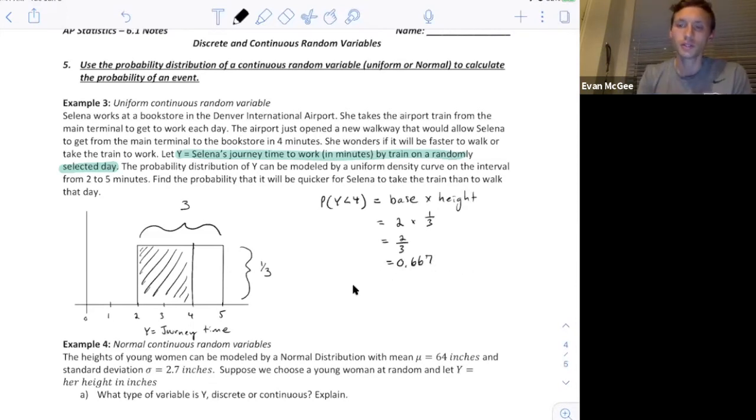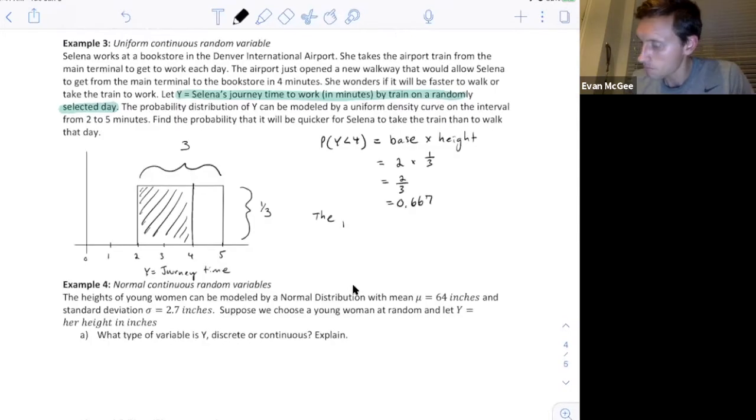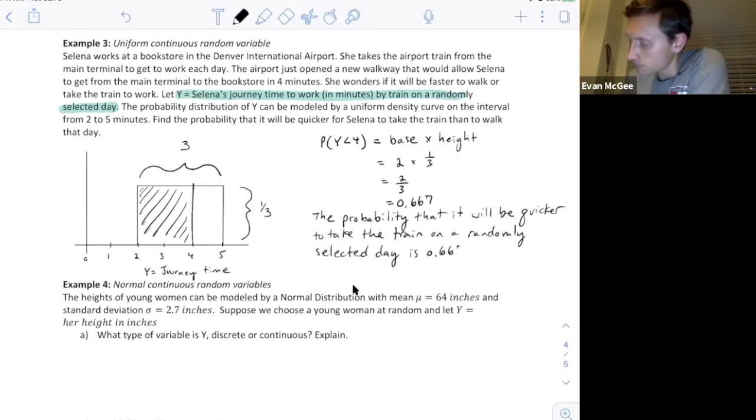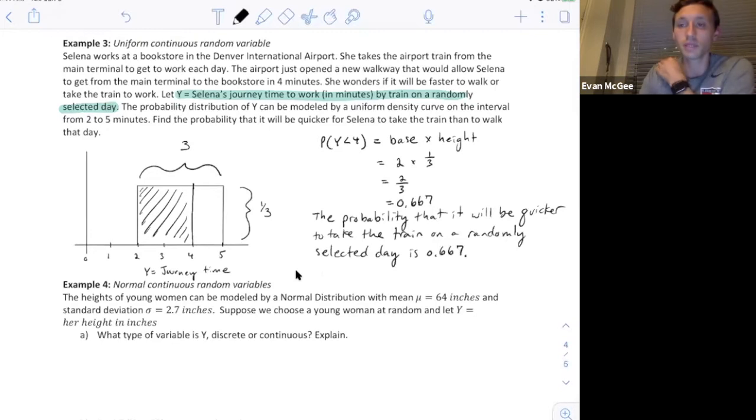That means there is a 66.7% chance that she'll arrive there quicker with the train on a randomly selected day. So remember, this is a uniform density curve, and we find probabilities by calculating the area underneath the density curve. This is the probability of her time being less than 4.